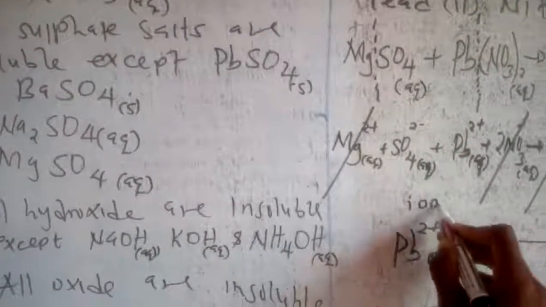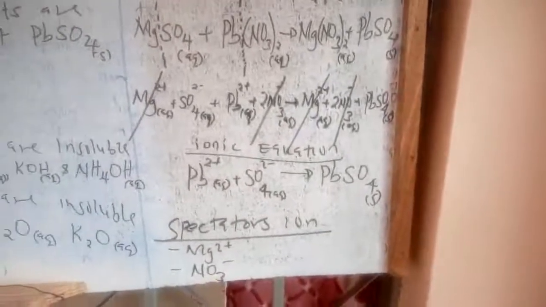Now here I can write the ionic equation. Whenever you are asked to write an ionic equation, you just write Pb 2 positive, the lead ions, plus sulfate ions, then you get lead sulfate salt, and that is what we call the ionic equation, so that you can remember.